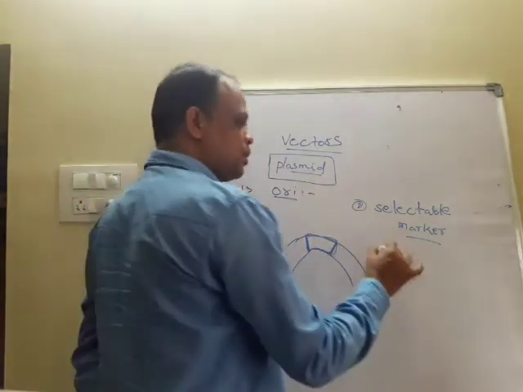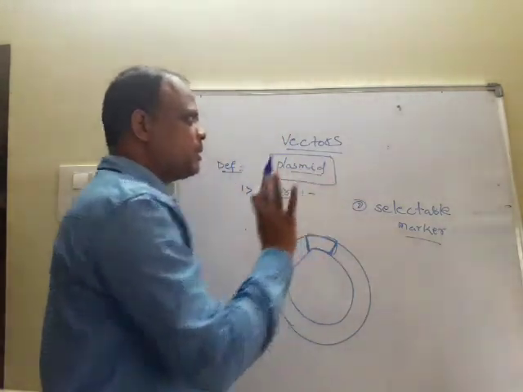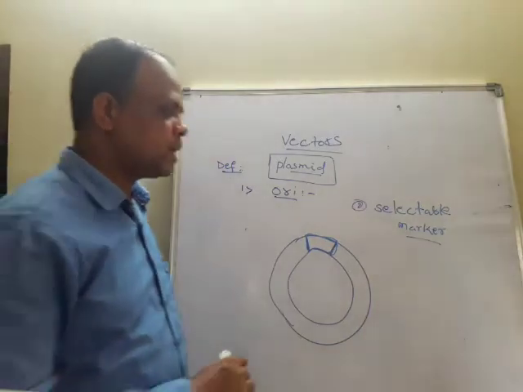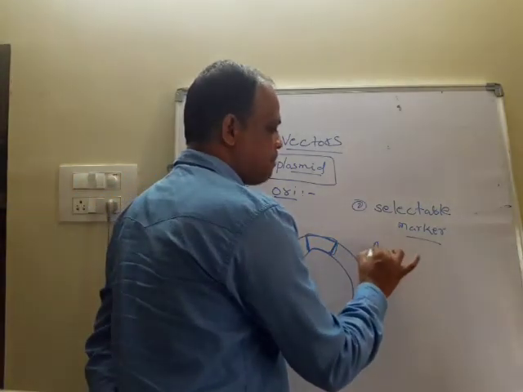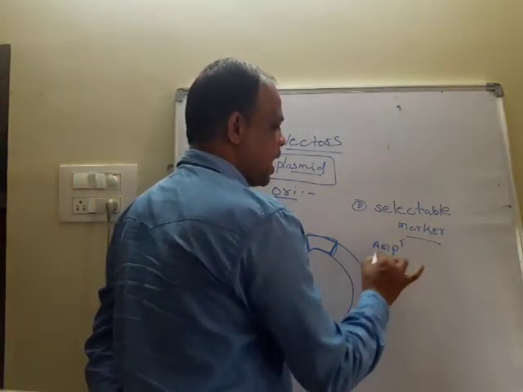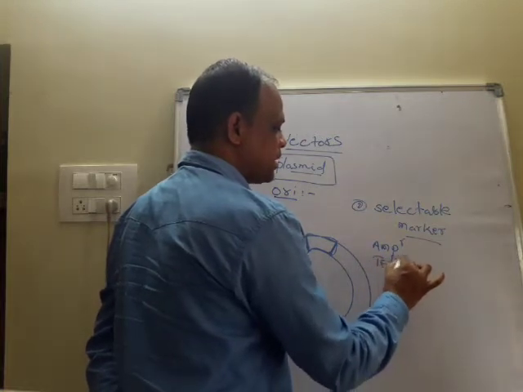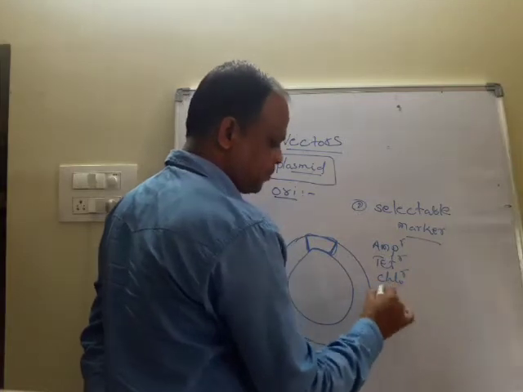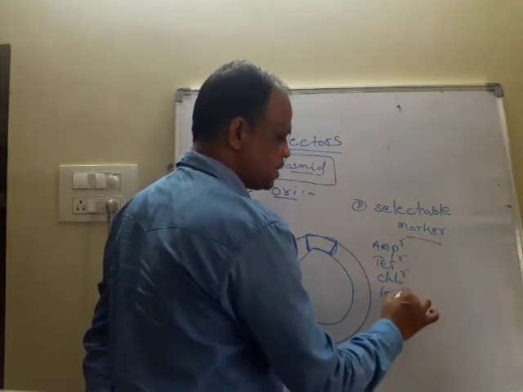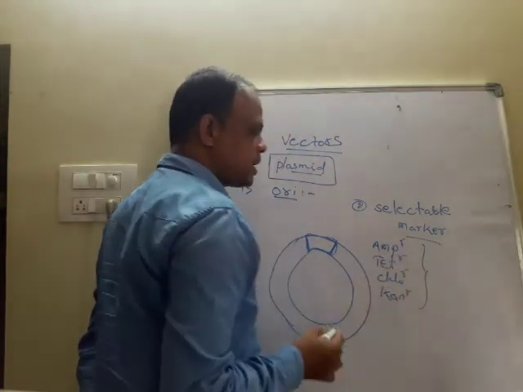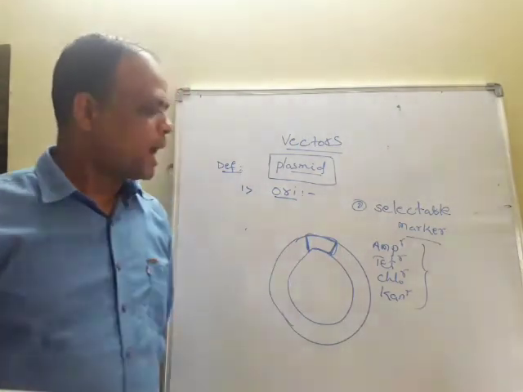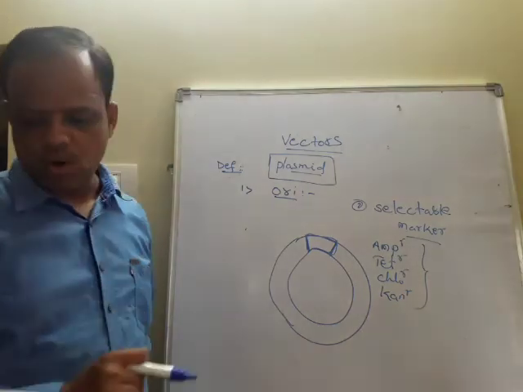This is very important, and a purified vector can contain different types of selectable markers like ampicillin resistance, tetracycline resistance, chloramphenicol resistance, and kanamycin resistance. All these types of genes are also called selectable markers.